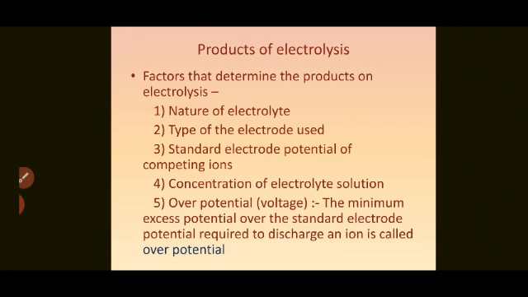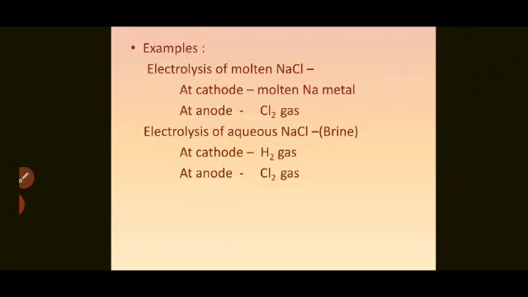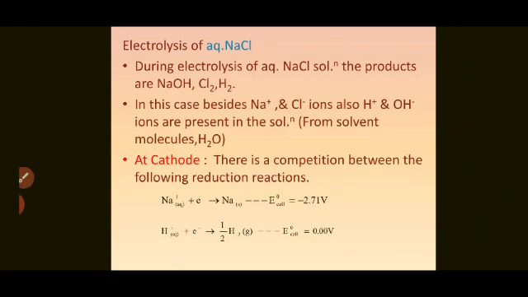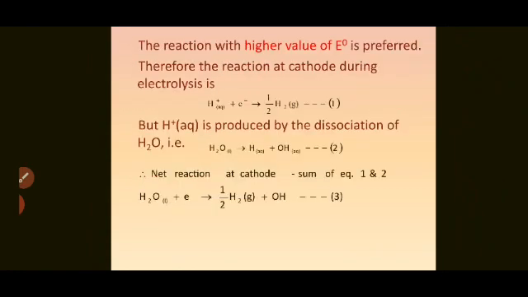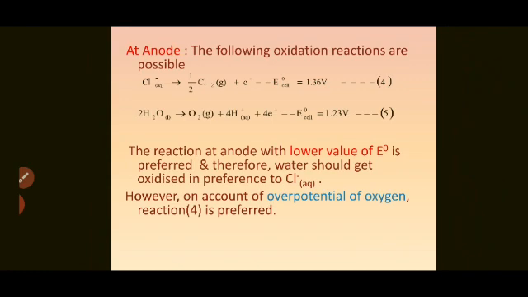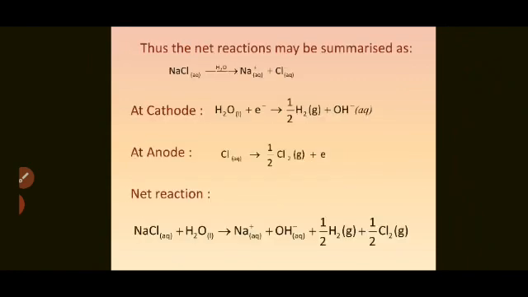Then concentration of the electrolyte solution, whether it is concentrated or dilute; depending on that also the product of electrolysis changes. Then over potential, that is over voltage, which we have also seen now at the anode in electrolysis of sodium chloride. This is how electrolysis is carried out, and we get different products.